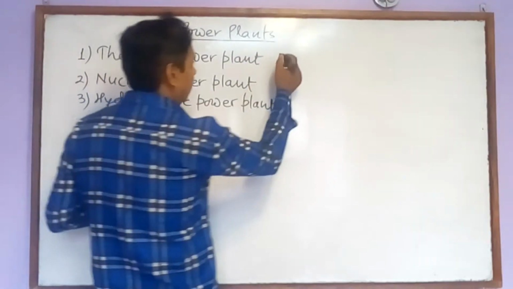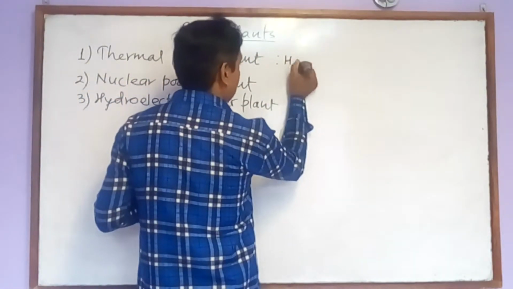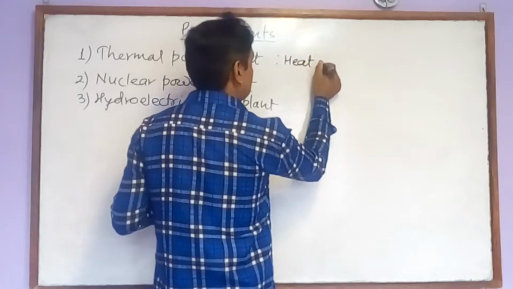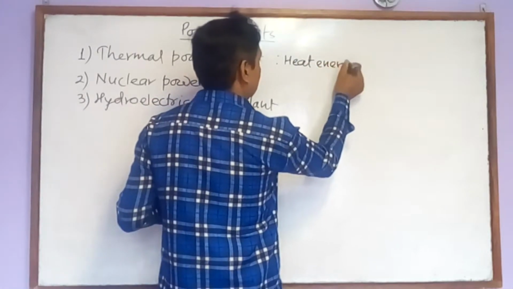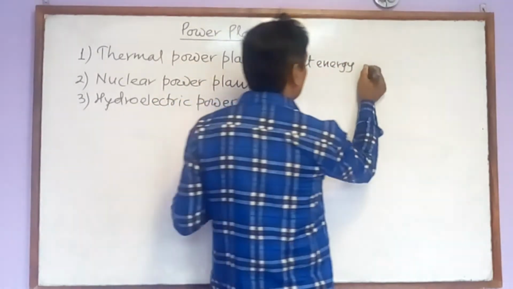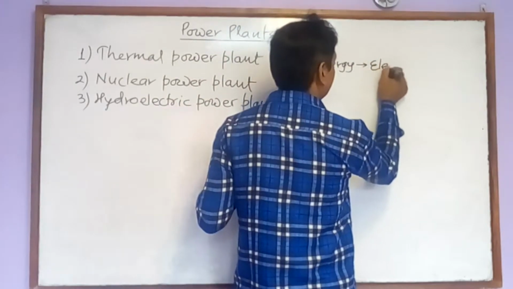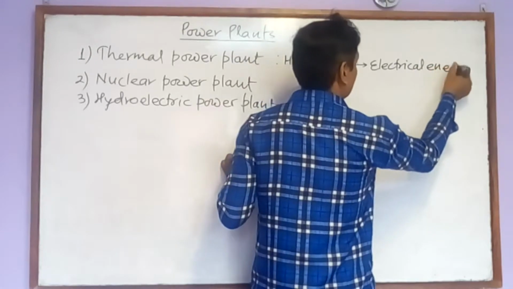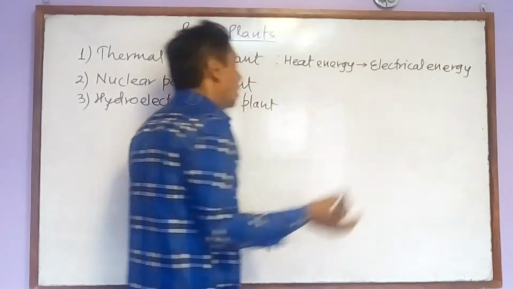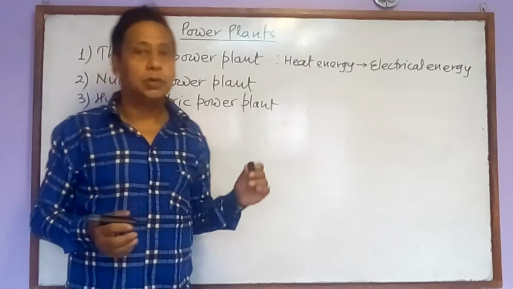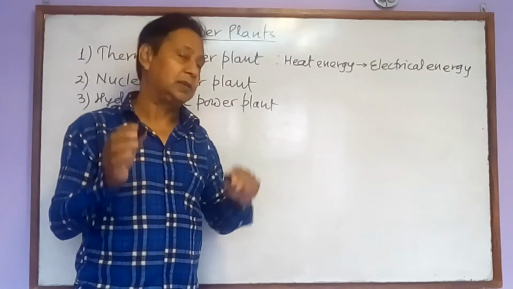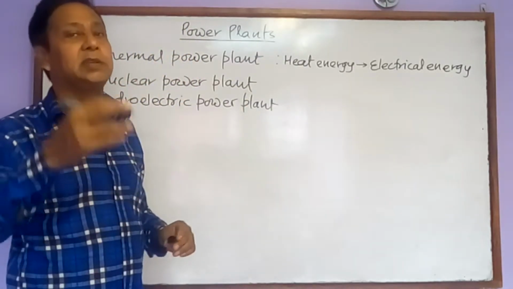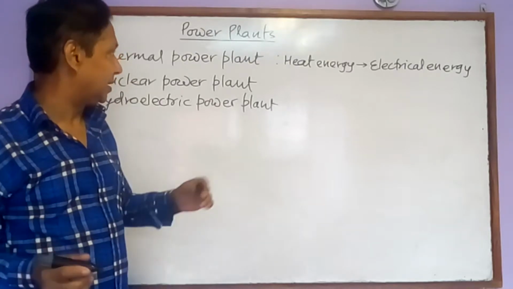In thermal power plant, heat energy converts to electrical energy. If you are told to write about the energy conversion in thermal power plant, then you can say that in thermal power plant, heat energy converts to electrical energy.